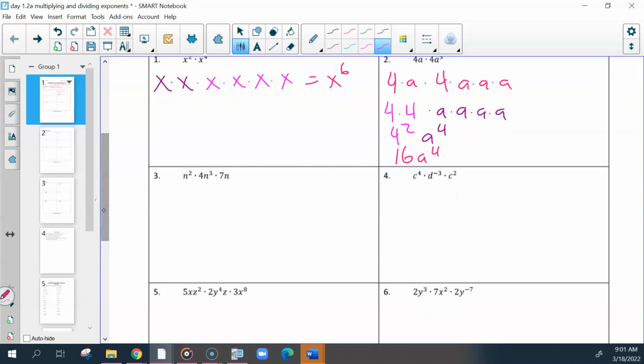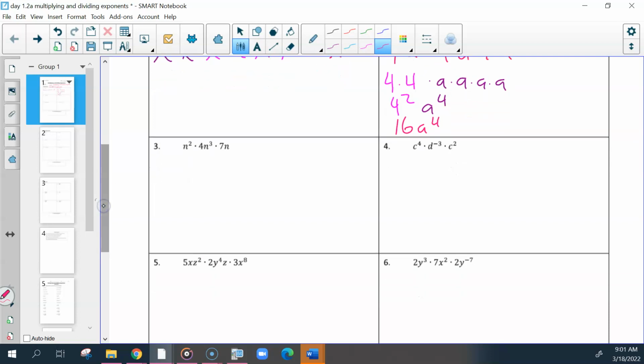So if you were to take that rule now and apply it, that would look something like this. So for this, I see that I have n's, and I have a 4 and a 7. I'm going to bring the numbers out front. And I know that I have all these like bases, so I can add the exponents.